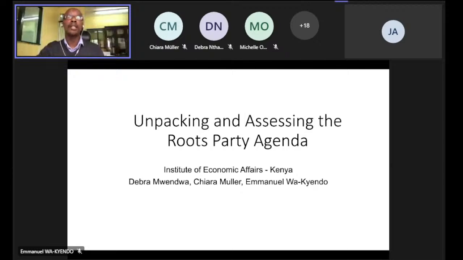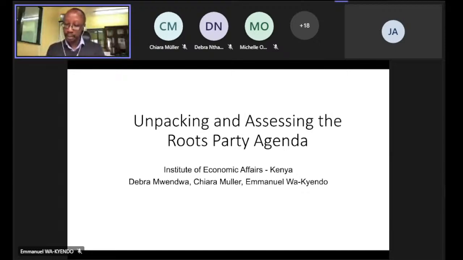And also, the lower the readability, obviously that also reduces its suitability. So this is just something to bear in mind. And obviously we will provide some kind of comparative analysis to look at these different manifestos beyond just the content. But for today's session, we will have three of my colleagues taking us through an analysis of the Roots Party manifesto.